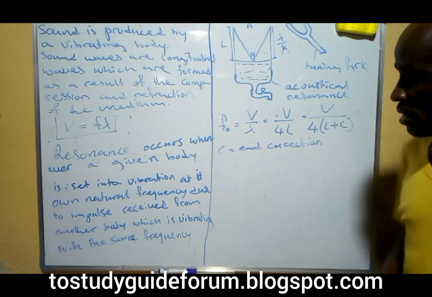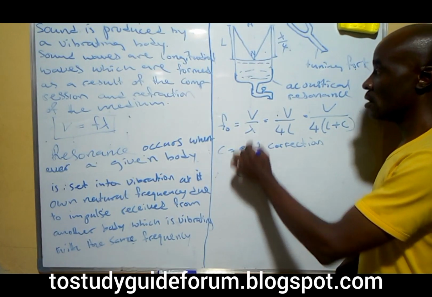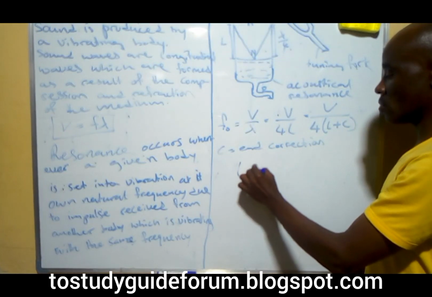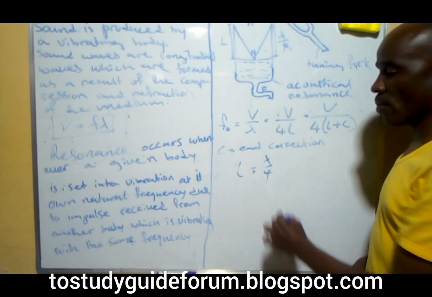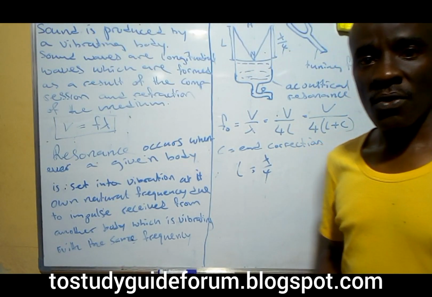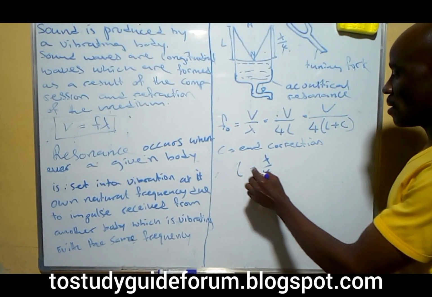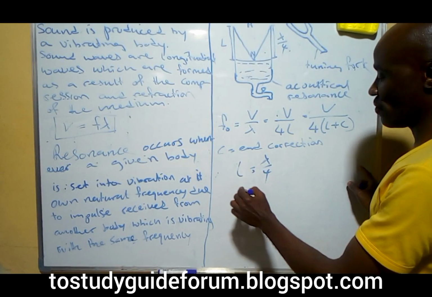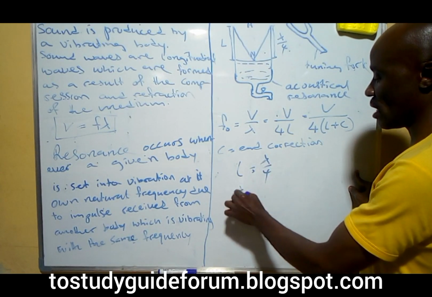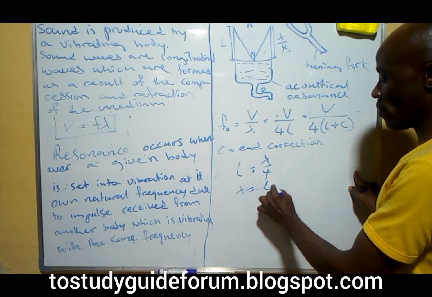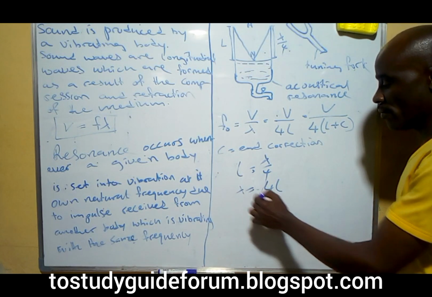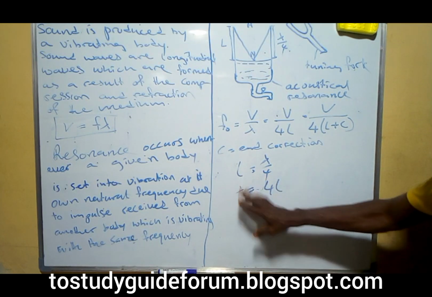At this point, the length is equal to lambda over 4, where lambda stands for the wavelength. That is to say, the wavelength is equal to 4L. That will give us the wavelength.